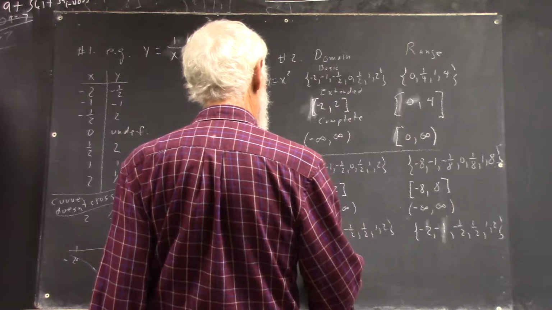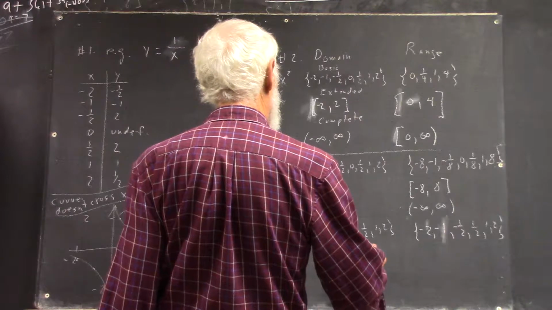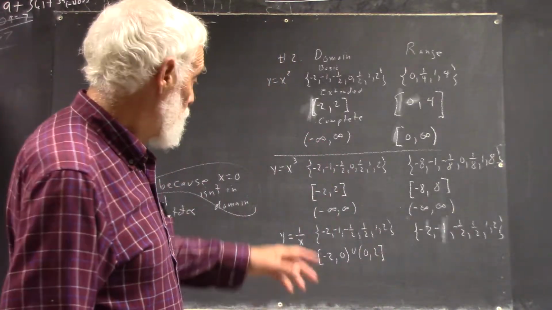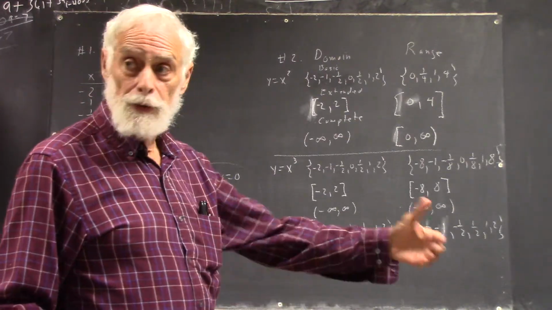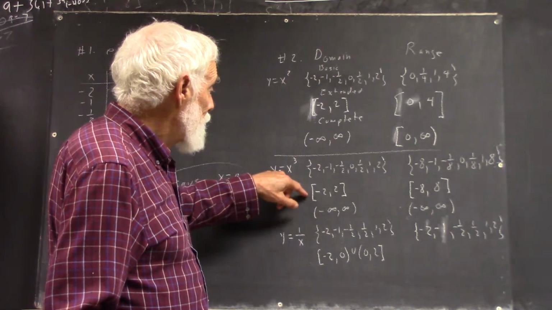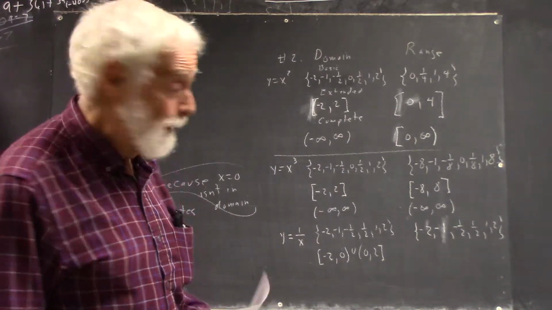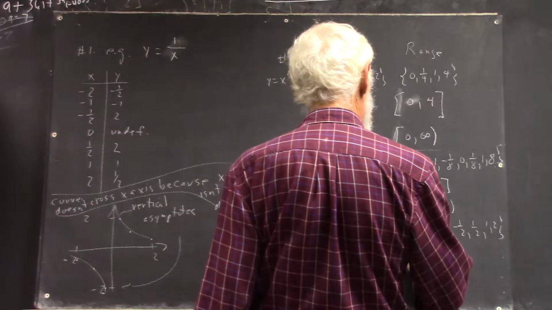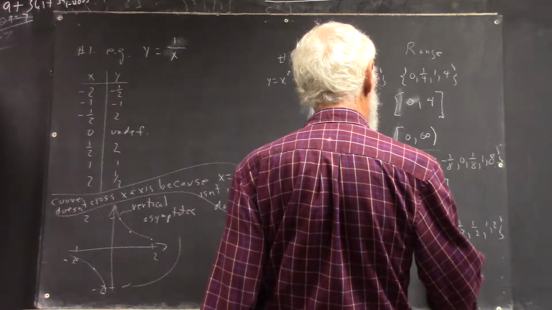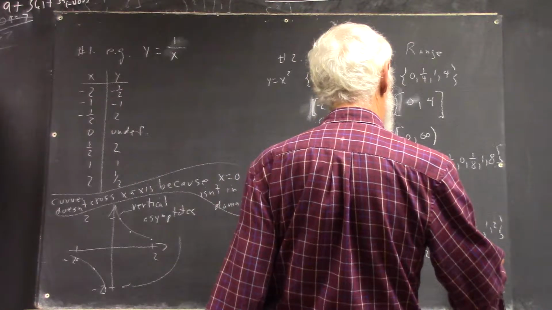Okay, well, your domain is -2, 0, union, 0, 2. All the numbers from -2 to 0, and all the numbers from 0 to 2, but you don't get to include 0. In other words, this interval, you have to exclude 0, and this is how you notate it, okay? And the range is also -2, 0, union, 0, 2.